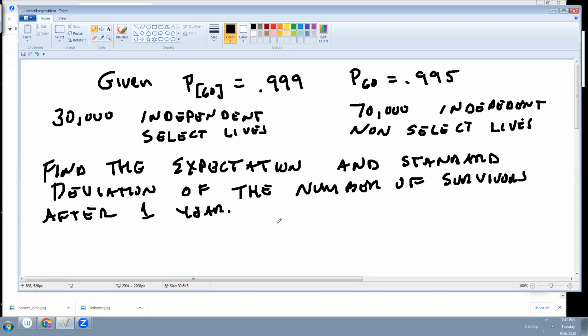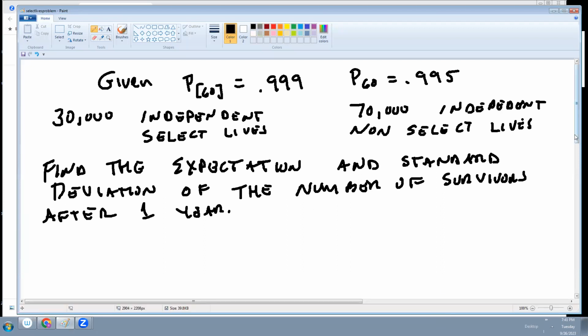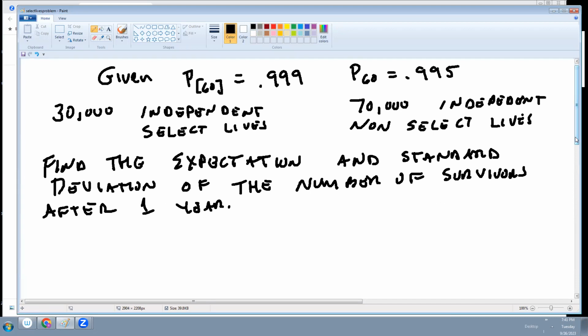Now, the thing to remember about a problem like this and how we typically tackle it is that for each set of lives, remember the lives are independent. What we can do is set a random variable.